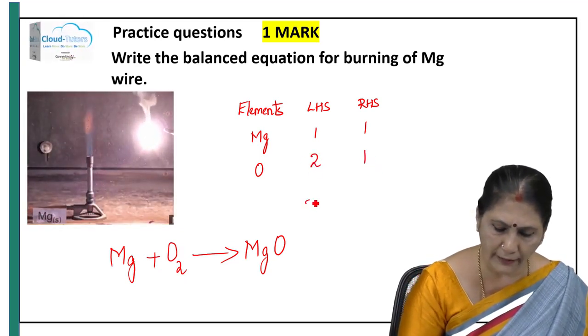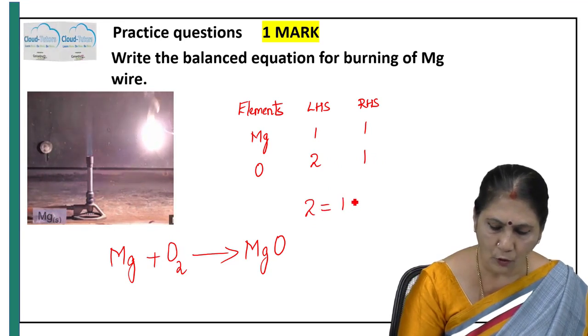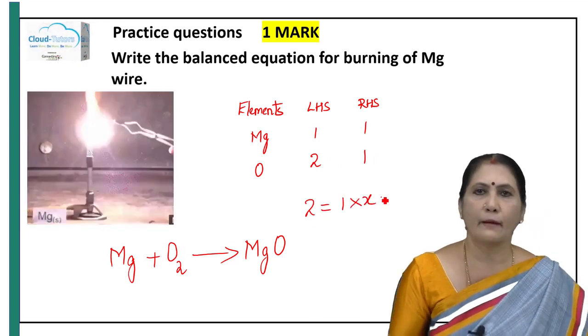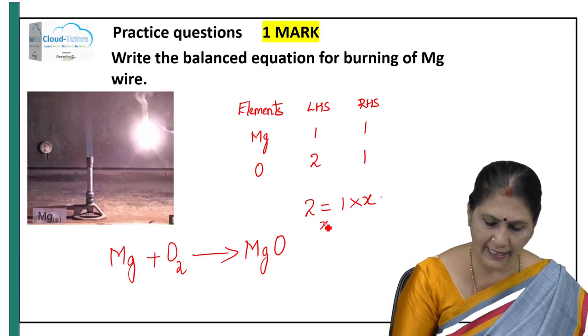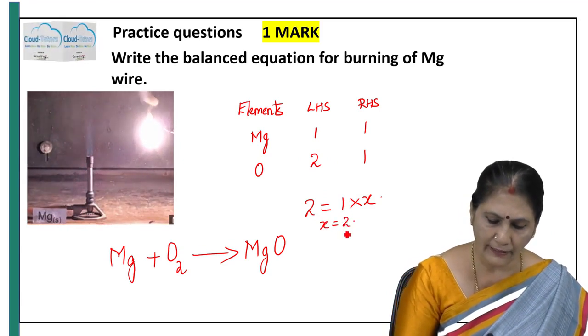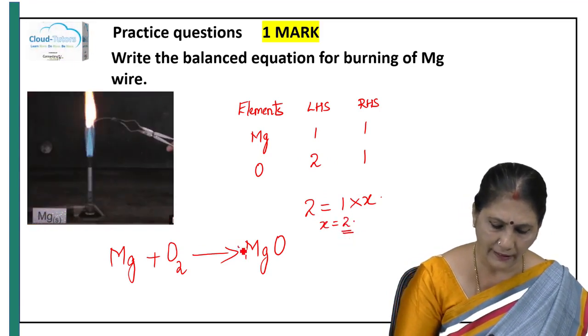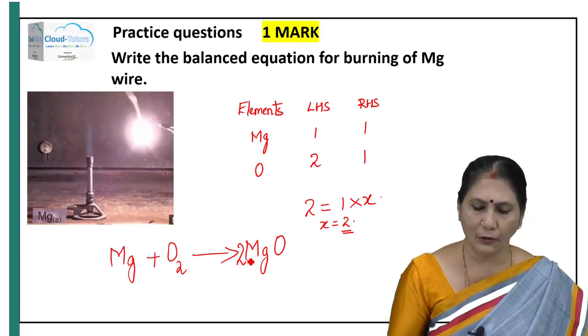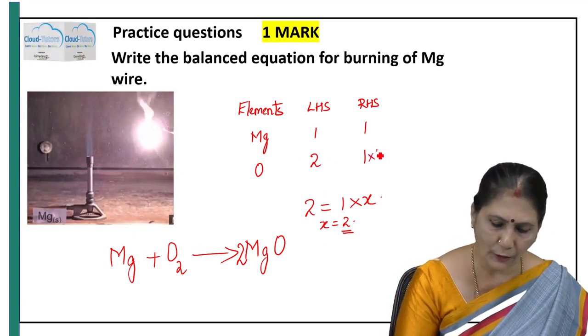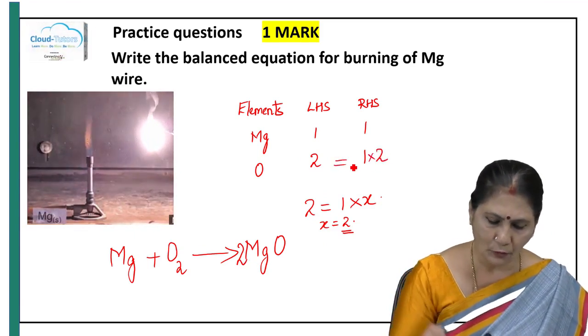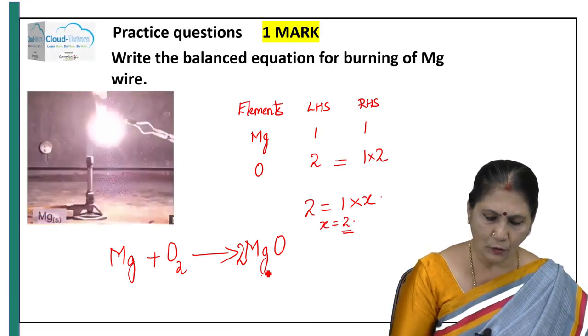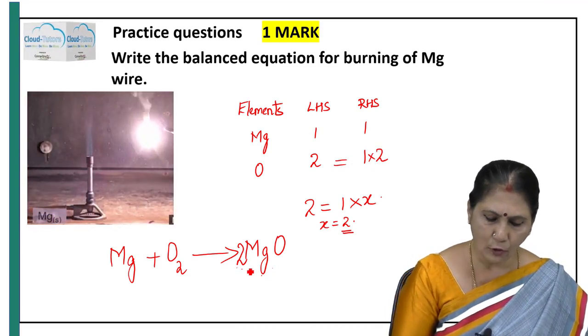So how should I make this 2 equal to 1 into X? What is this number? X. So this X has to be 2. That means this 2 has to be written here. Once I write here 2, that means 1 into 2 becomes equal to 2. Once I write here 2, then this becomes 2 magnesium.